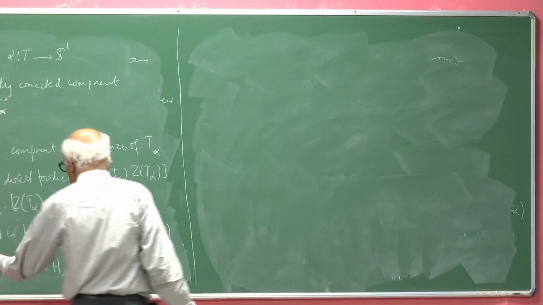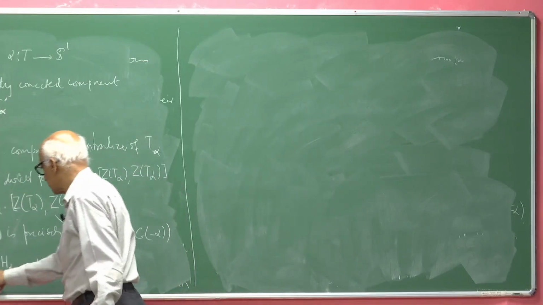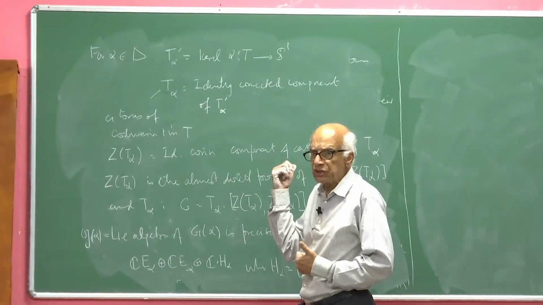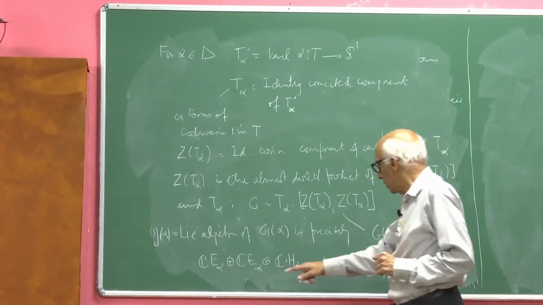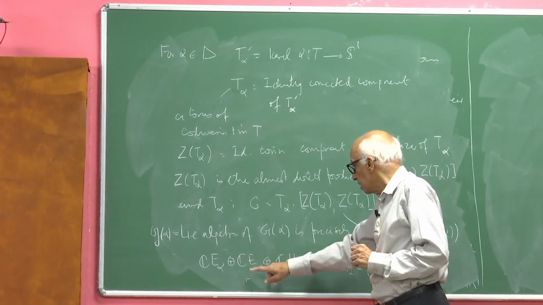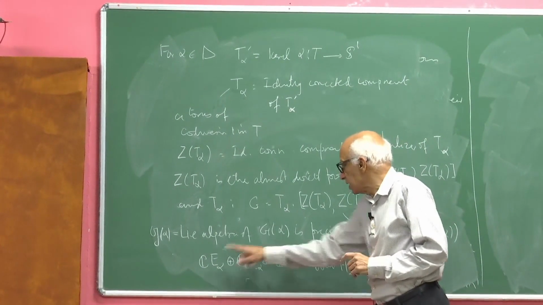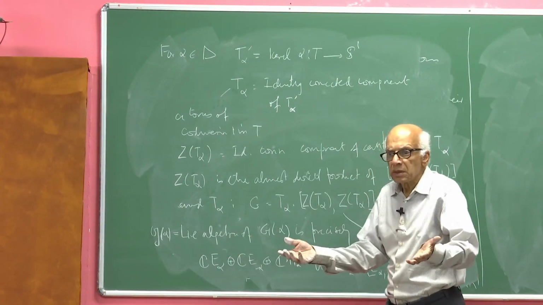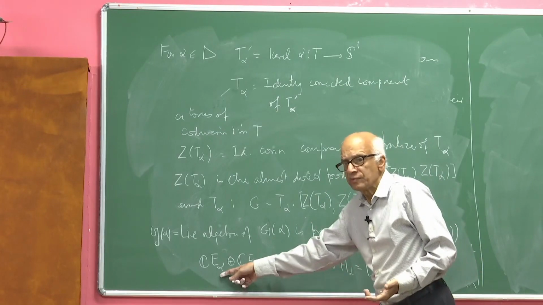Now see, this basis E alpha, E minus alpha, H alpha is almost like the basis E, F and H, except that we cannot guarantee that when I take the bracket of H alpha and E alpha, it is twice E alpha. It should be some multiple of E alpha.